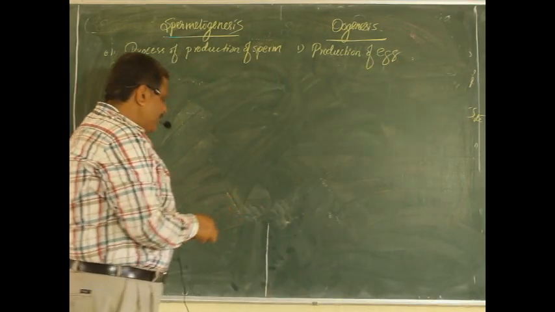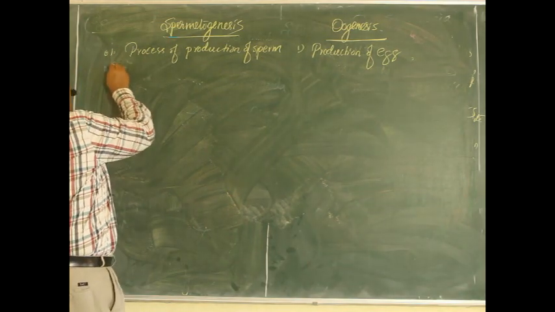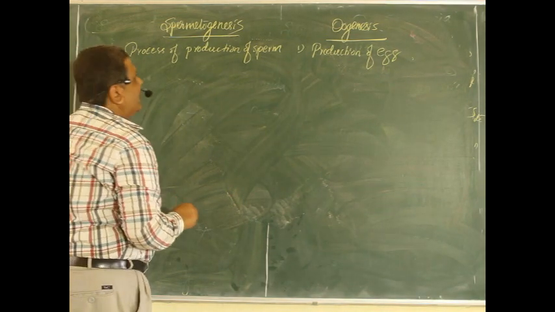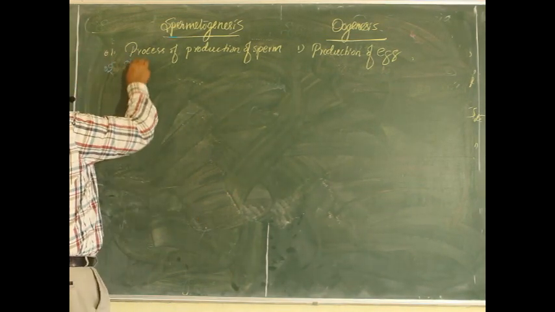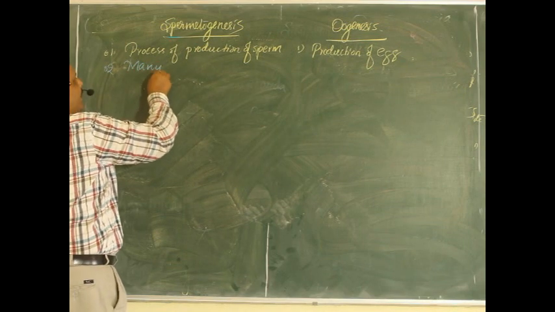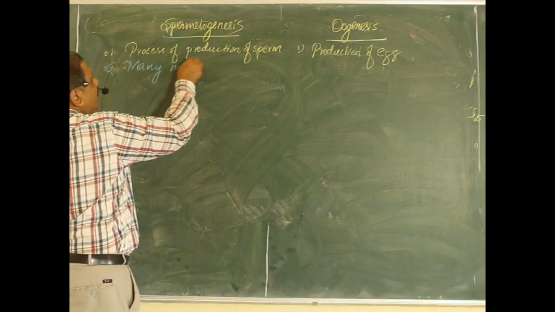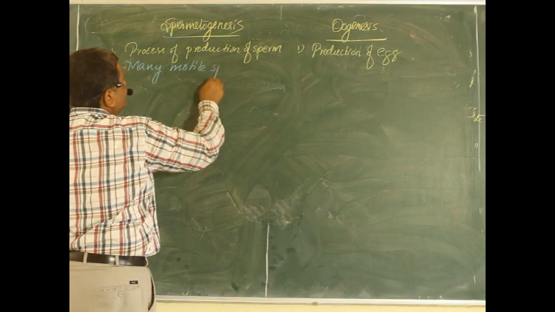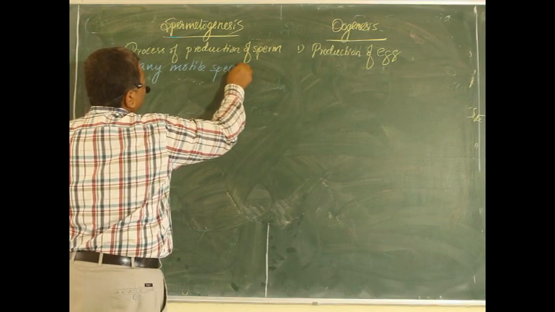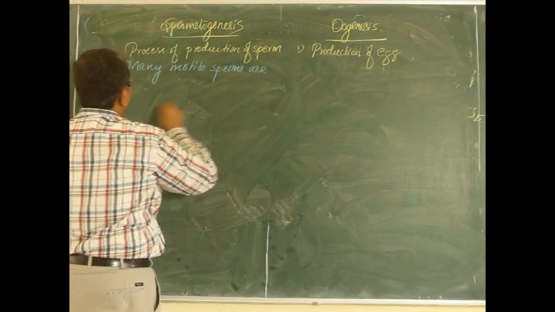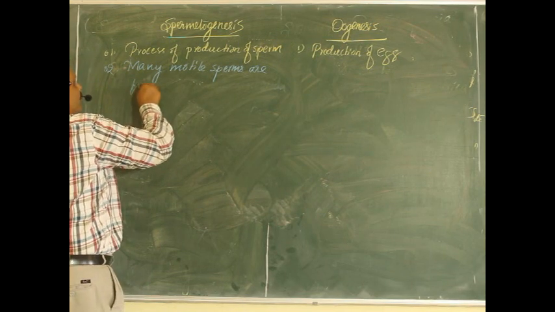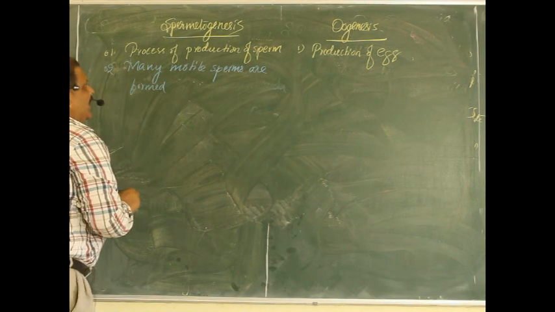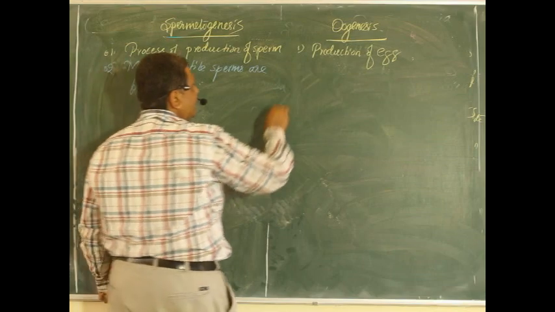The second difference is: many motile sperms are formed, while the egg is non-motile.